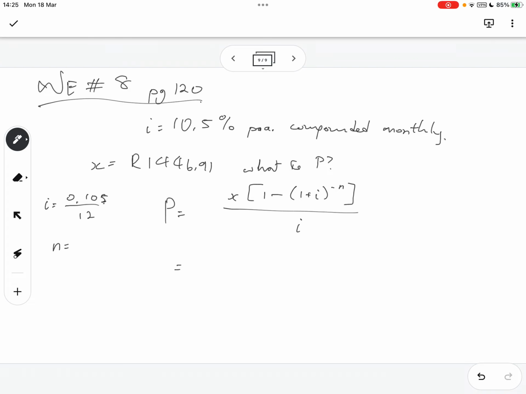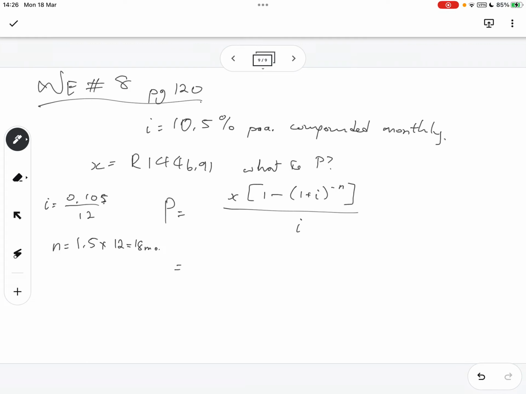And we also need to take an important term into consideration, which is 1.5 times 12, which is 18 months. That's the number of months he's going to pay it off if his installment is 1446 Rand 91 cents.